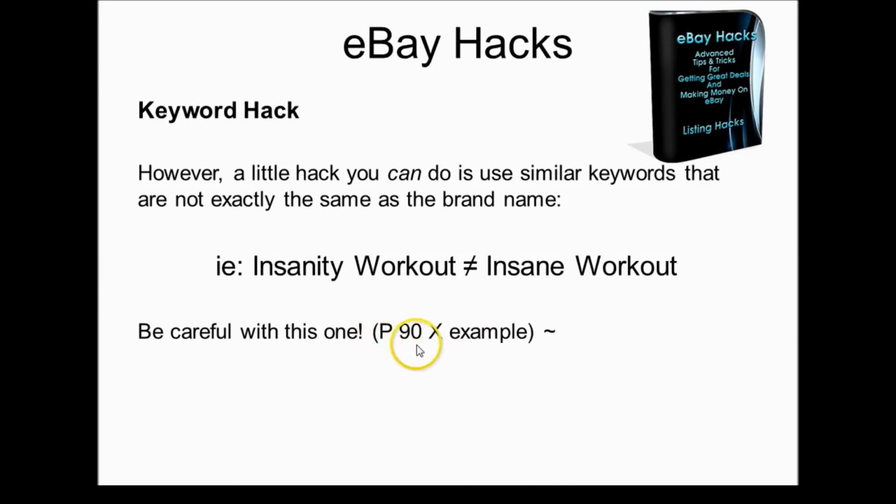By breaking up this terminology, instead of having it all in one phrase, P90X, I just sprinkled it throughout the title. So I had the P somewhere, the 90 somewhere unrelated, and the X somewhere unrelated. eBay still served up these search results as if I had P90X in the title. So that's another very cool keyword hack that you can use.